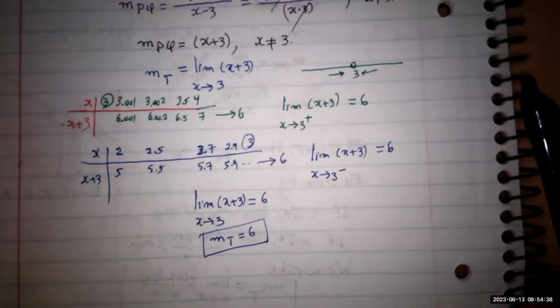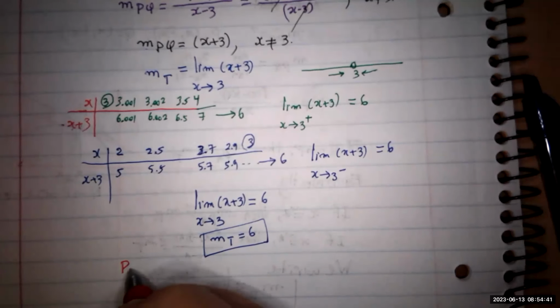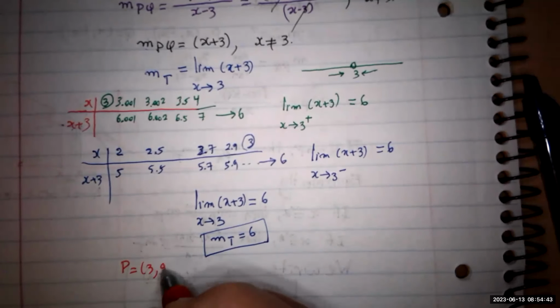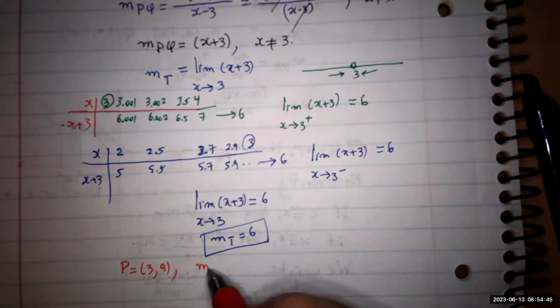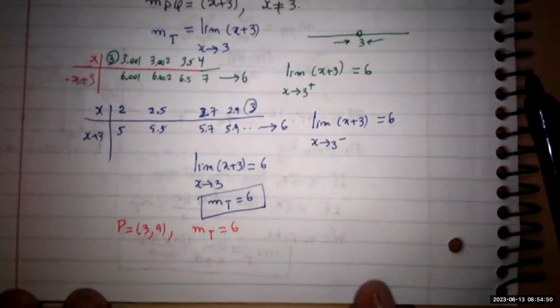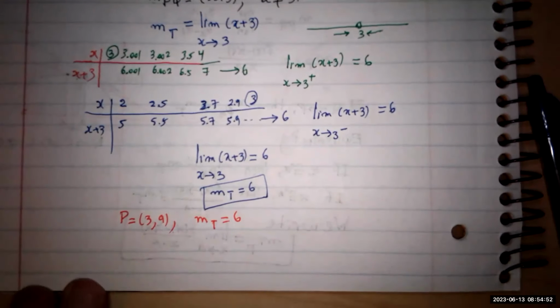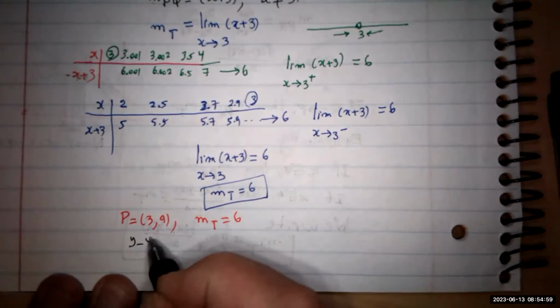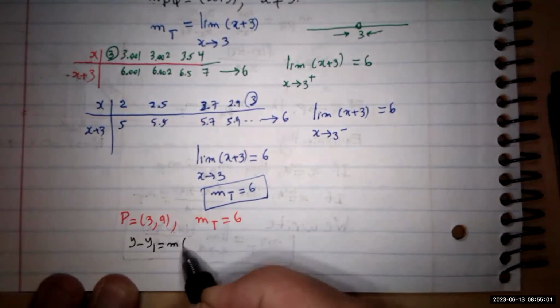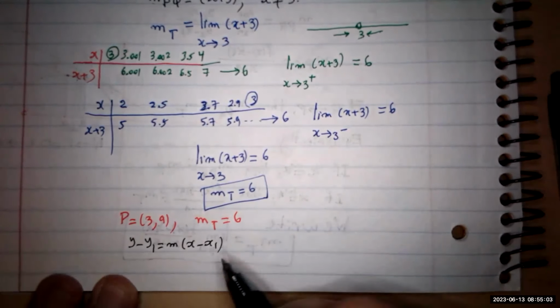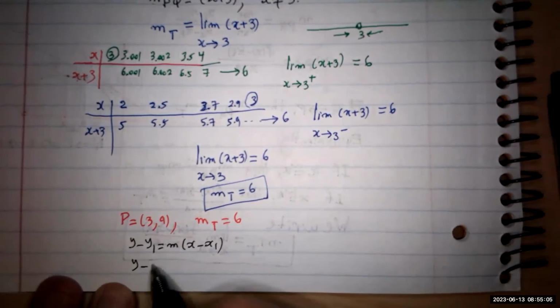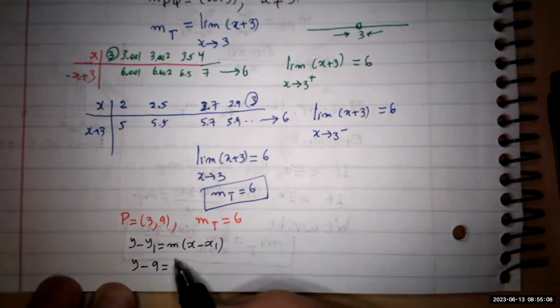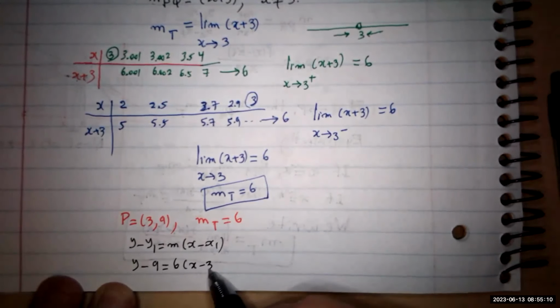So we have a point now, which is going to be 3 and 9. And we have the slope of the tangent line, which is equal to the 6. And we know the formula for the equation of the line: y minus y1 equals m times x minus x1. Substitute and simplify. y minus 9 equals 6 times x minus 3.